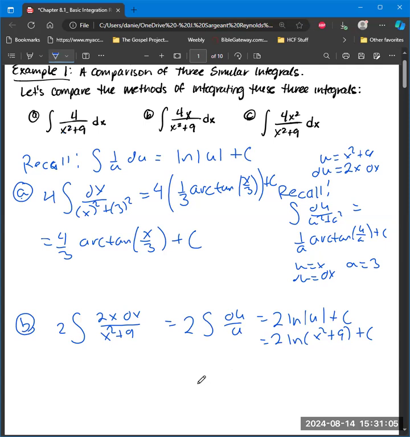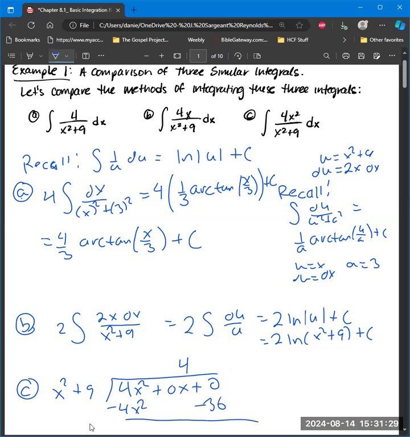For c, we have the degree of the top and the degree of the bottom are the same. We're going to have to use long division of polynomials. So we have x squared plus 9 into 4x squared plus 0x plus 0. It's going to be 4x squared and 36. Subtract. Get a negative 36, so that's minus 36 over x squared plus 9.